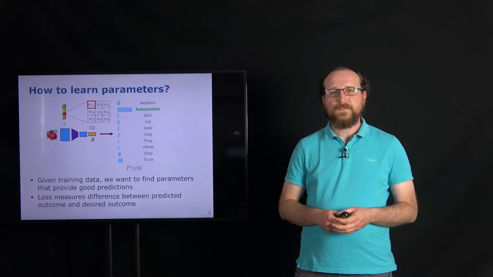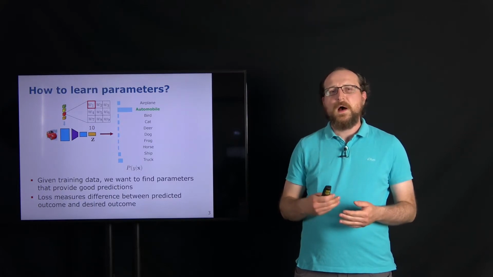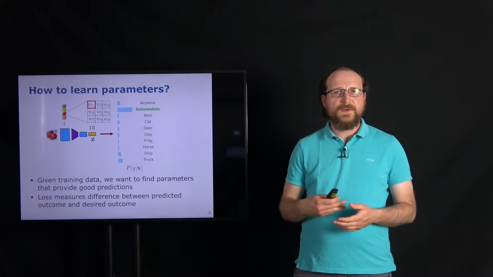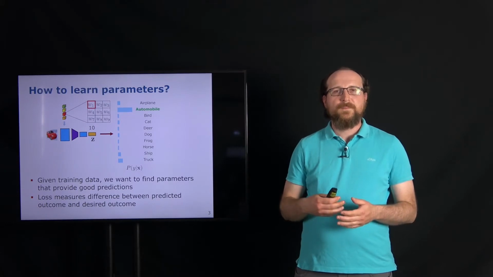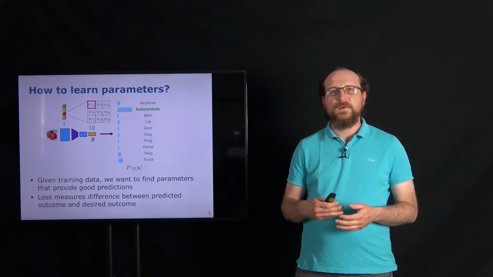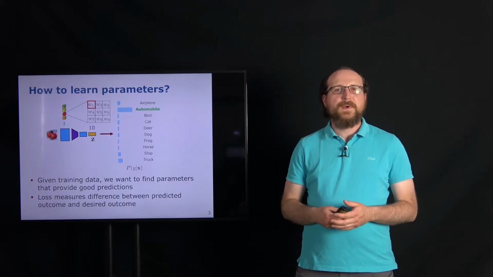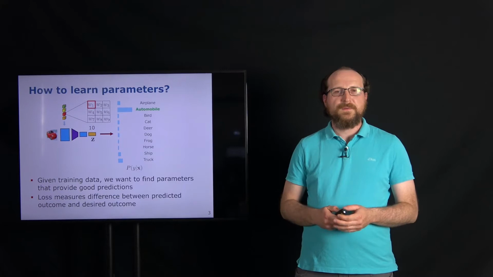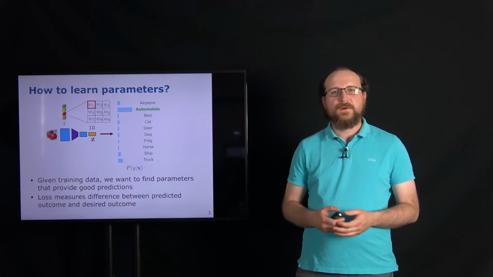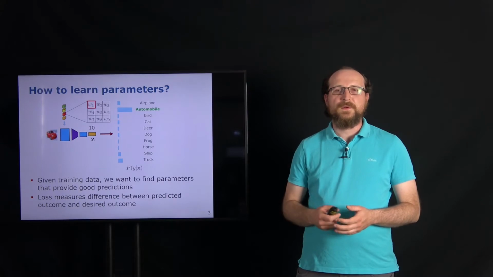And the question is now, how do we measure if we are making the correct change? This leads to the so-called loss functions, which measure the difference between the predicted outcome and the desired outcome. The desired outcome here is of course automobile, and our prediction is shown here by this probability distribution.